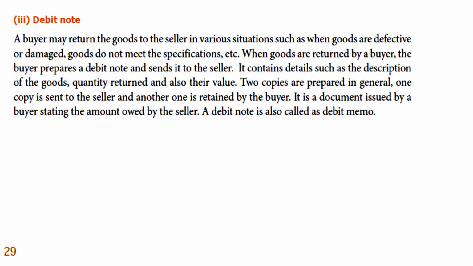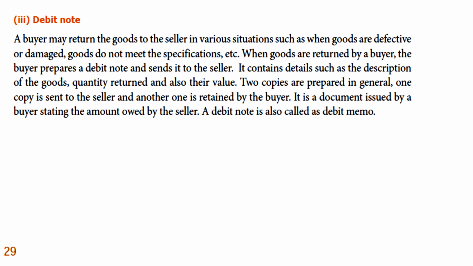When goods are returned by a buyer, the buyer prepares a debit note and sends it to the seller. So now அந்த வாங்கின buyer வந்து அவர் வந்து ஒரு டெபிட் நோட் அப்படின்ற ஒன்று வந்து ப்ரிப்பேர் பண்ணுவார். ப்ரிப்பேர் பண்ணி he has to send it to the seller. அந்த குட்ஸ் ரிட்டர்ன் பண்ணும்போது இந்த டெபிட் நோட்டும் கூட சென்ட் பண்ணணும்.